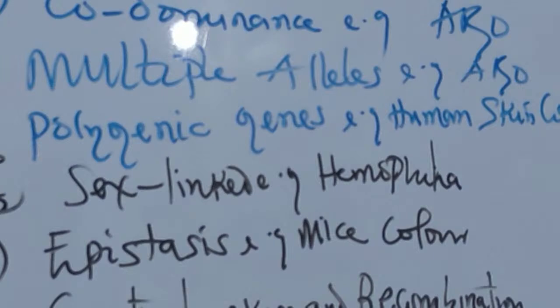So the condition of epistasis is a condition whereby one gene is masked or modified by another gene which might not necessarily be on the same chromosome. We also look at mice color as an example, whereby we talk about capital letter B for black, and that of brown.